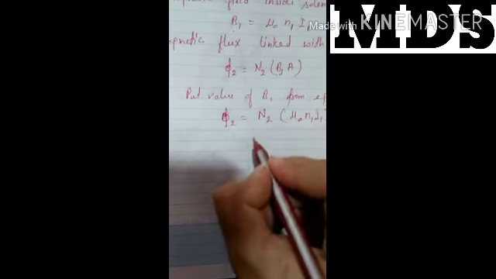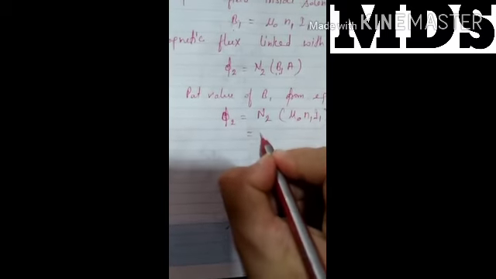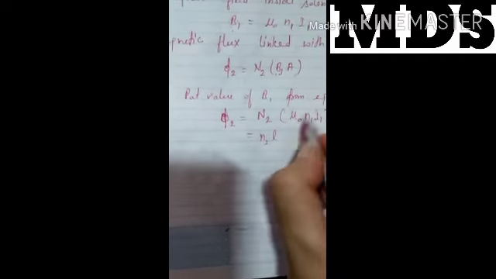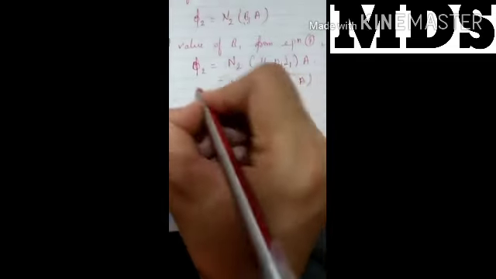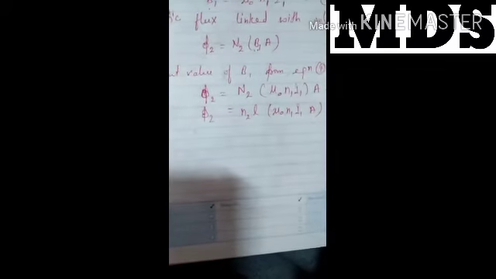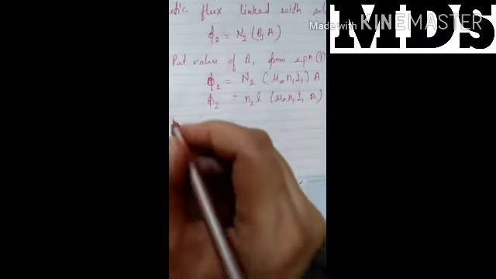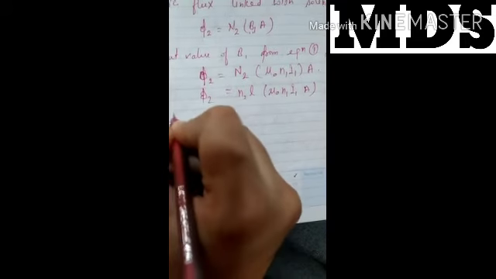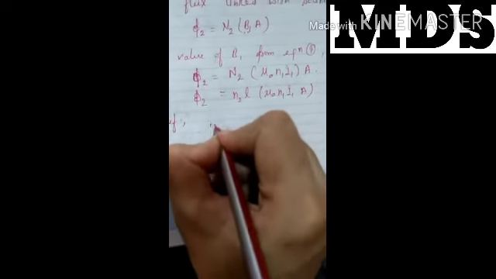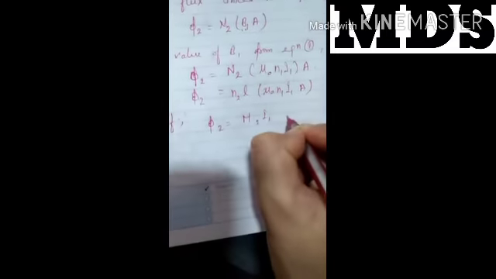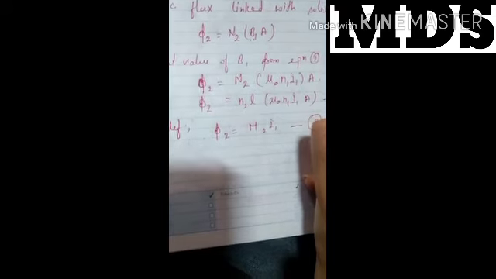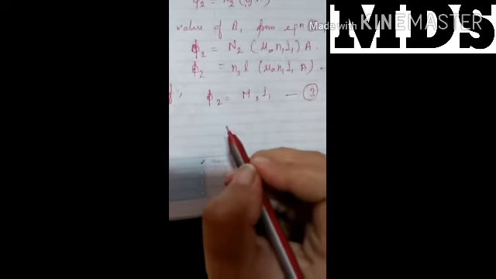Then phi 2 equals N2 mu naught N1 I1 A. So by the definition of mutual induction, phi 2 equals M21 I1, that is the third equation. Here we can write the second equation. Clear now?